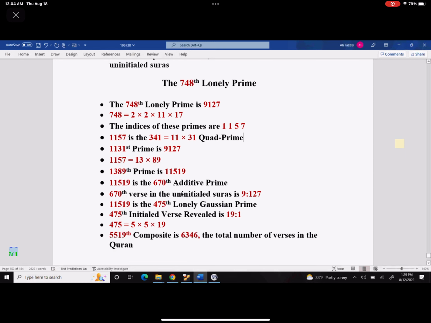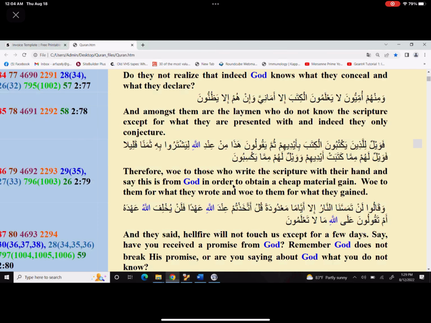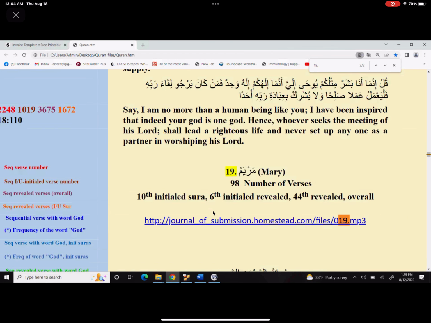And again, you can check all of these in here, and all you have to do is say 19, and there it is.